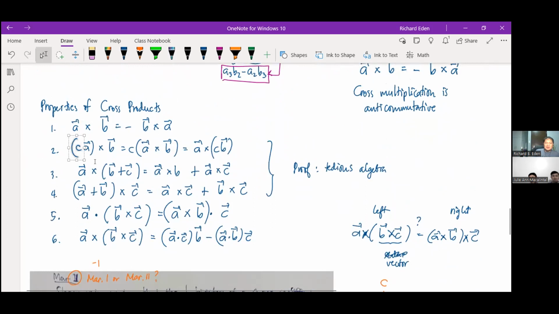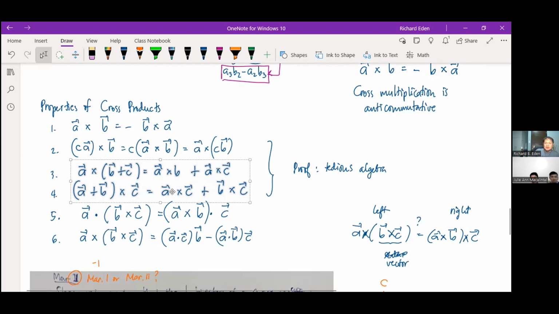Okay, so that's property number one, and then property number two. C times A cross B, where C here is a scalar, so that can be taken out, and we only need to worry about the actual vectors themselves. And then numbers 3 and 4 talk about a kind of distributive property of cross products with addition of vectors.